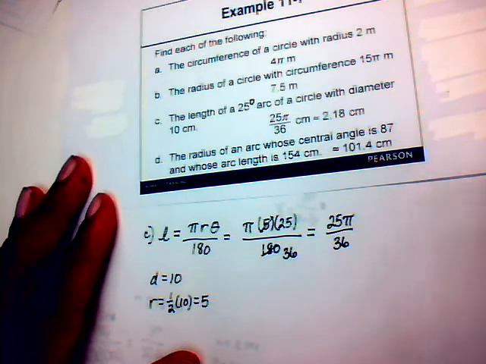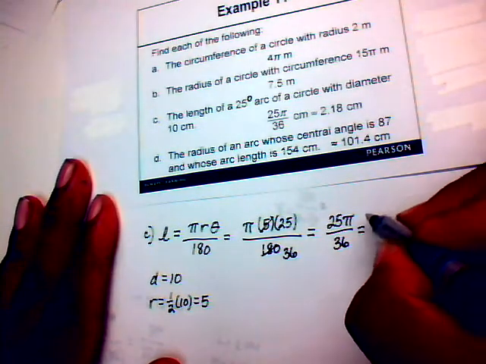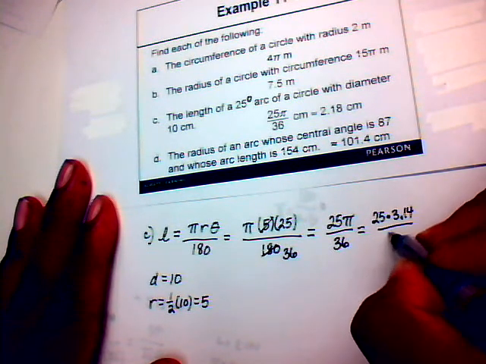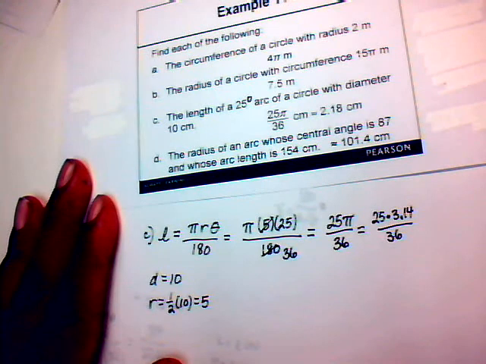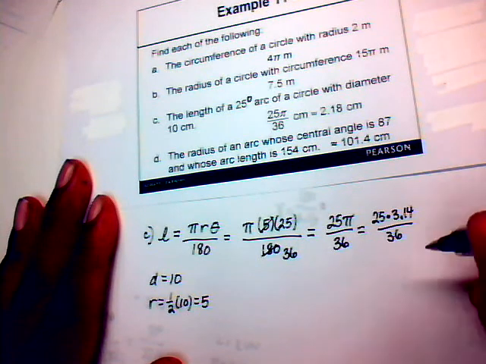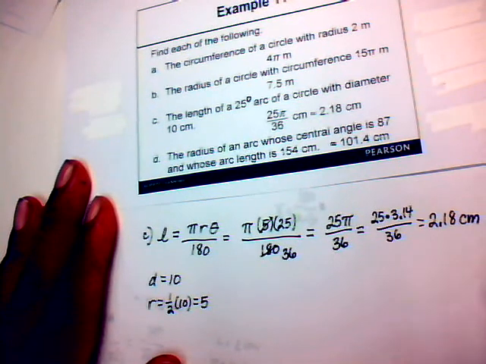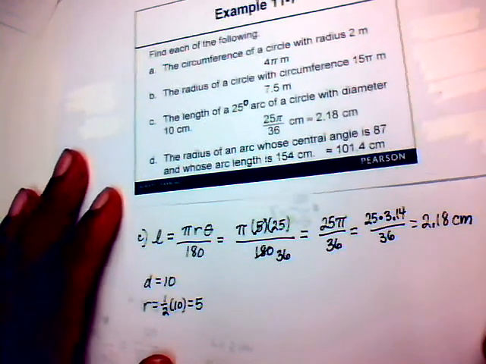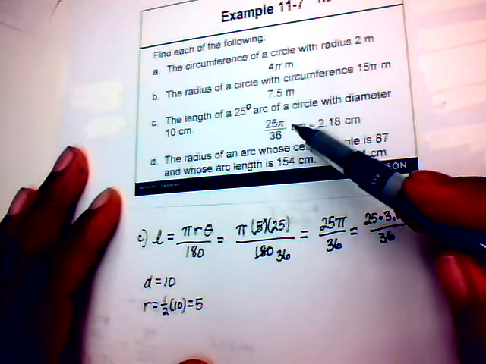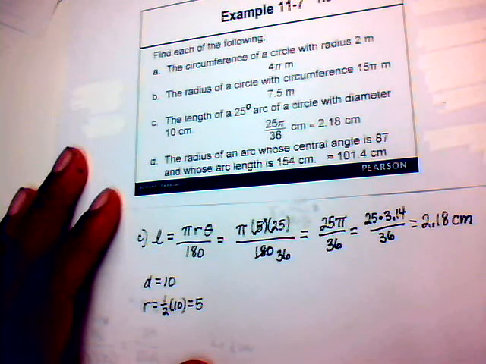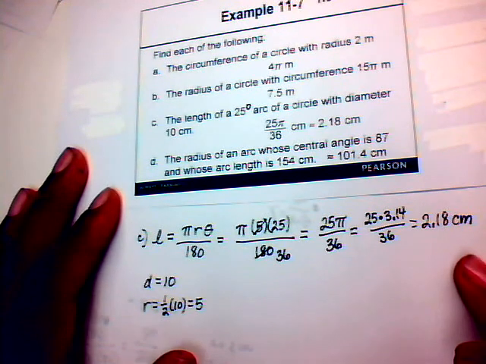And in this case here, I'm going to let pi be 3.14. So I got 25 times 3.14 divided by 36. To 2 decimal places, this will be 2.18 centimeters. Okay, so here, this is 25 pi over 36 centimeters, or we can say 2.18 centimeters if we were to convert that to a decimal.